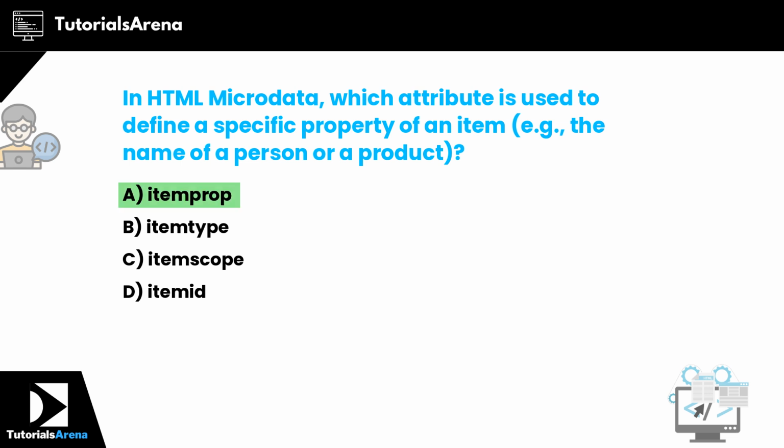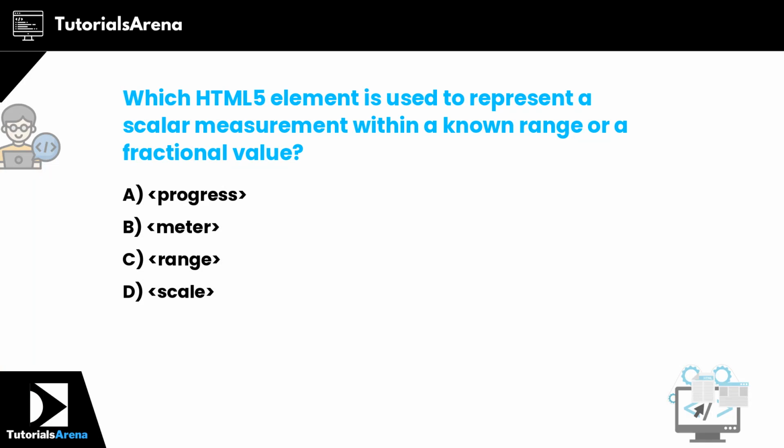The correct answer is option A, itemprop. Which HTML5 element is used to represent a scalar measurement within a known range or a fractional value? The correct answer is option B, meter.